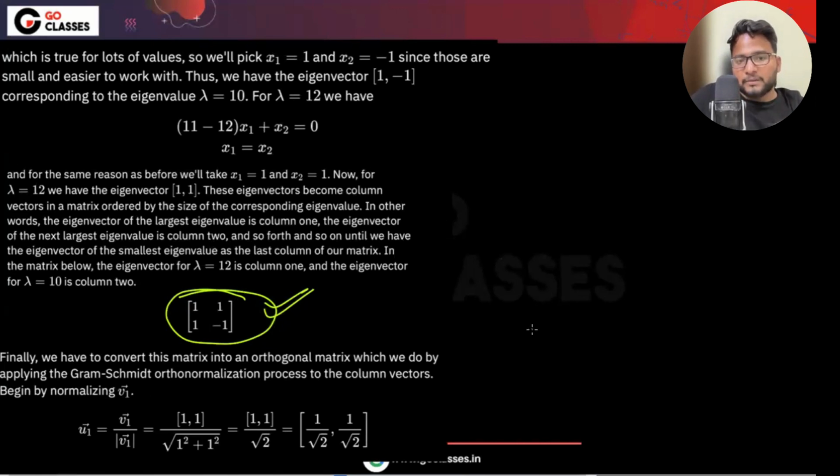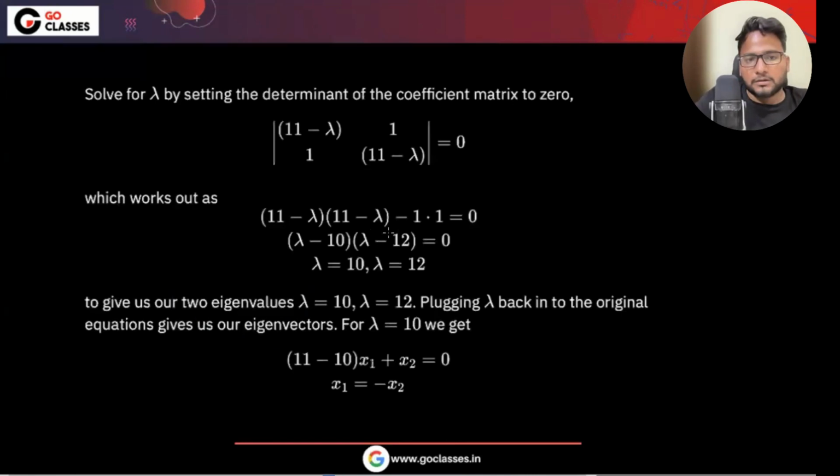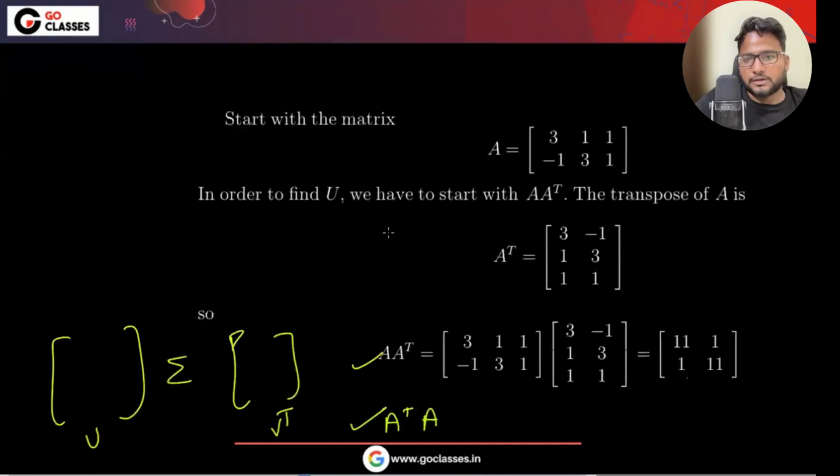So tell me, is this a symmetric matrix, this matrix that you are getting? It is symmetric, right? I mean, it is a symmetric matrix. Sorry, not this matrix, this matrix, A A transpose.